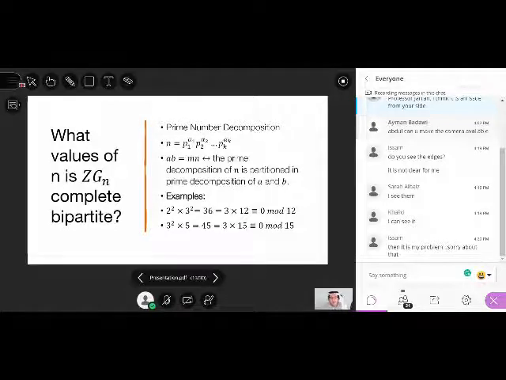Now, also, if ab equals some multiple of n, the prime decomposition of n is partitioned into the prime decomposition of a and b. This is a fancy way of saying that, as we see over here, we have 36 and its prime decomposition.